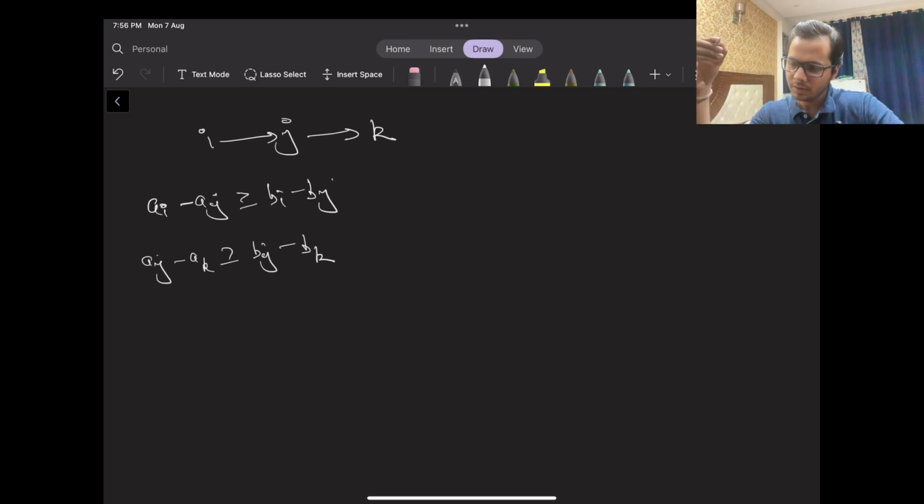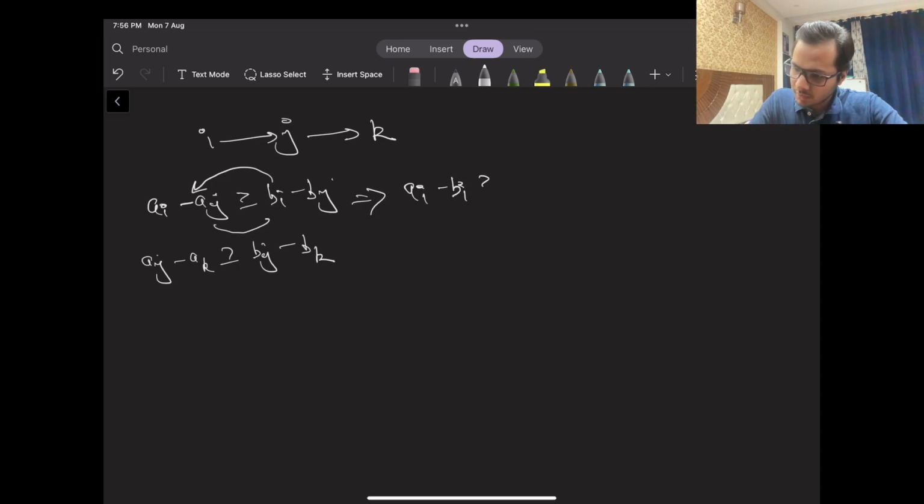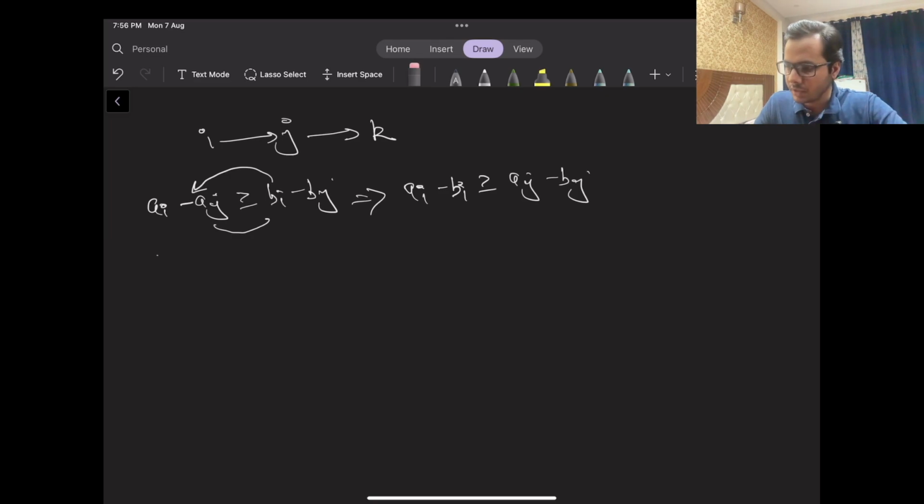Well, essentially we can just swap places here, I think. So we can swap BI and AJ here, and this inequality transforms to AI minus BI is greater than or equal to AJ minus BJ. So now the observation that I made initially is true, and if there is an edge from i to j, then that means AI minus BI is greater than AJ minus BJ, and in turn that means that AJ minus BJ is greater than or equal to AK minus BK. So there is also an edge from i to k.